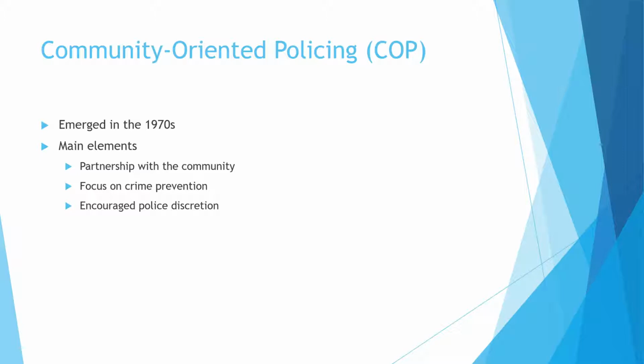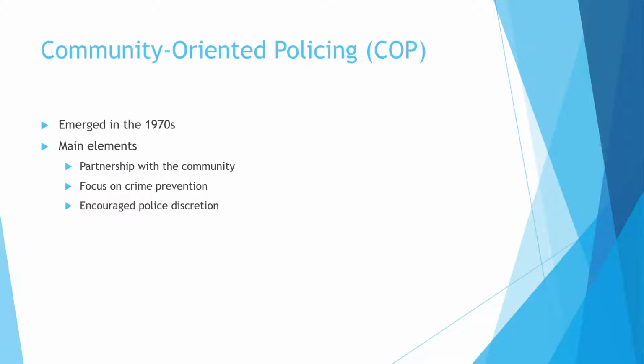Well, in the 1970s, as community policing was emerging as a concept, the proponents of community policing said, don't deny discretion. View it as a valuable resource, as a tool. You have a lot of leeway to decide how to handle a situation. So focus on the bigger goals. What is your ultimate goal in this situation? What is the best thing for society?